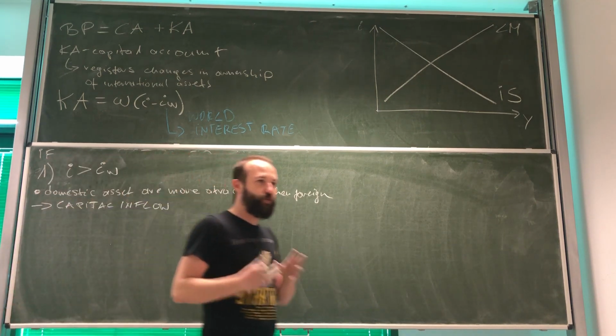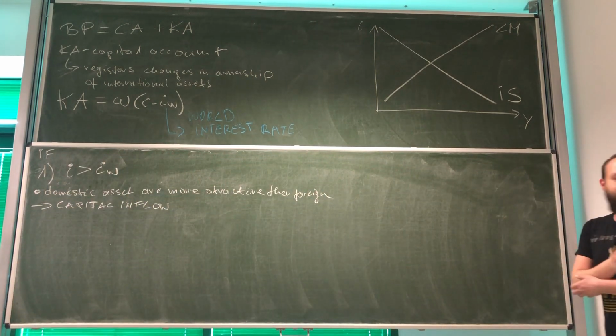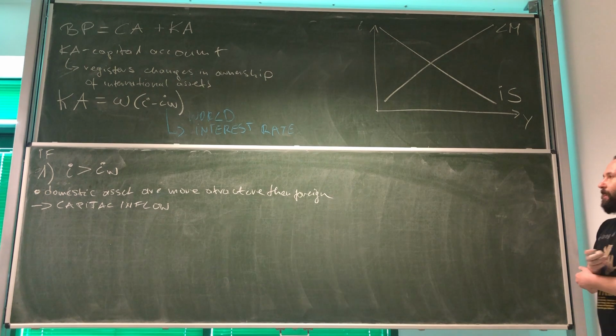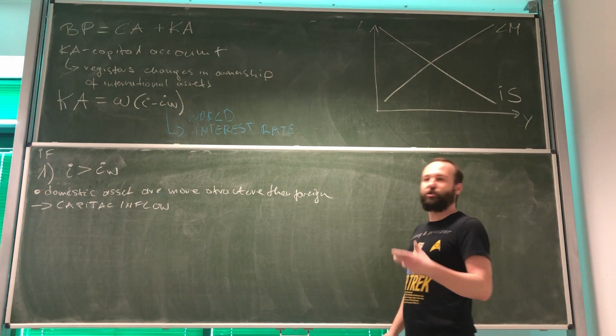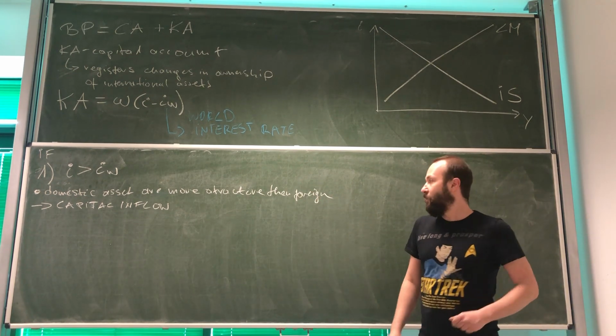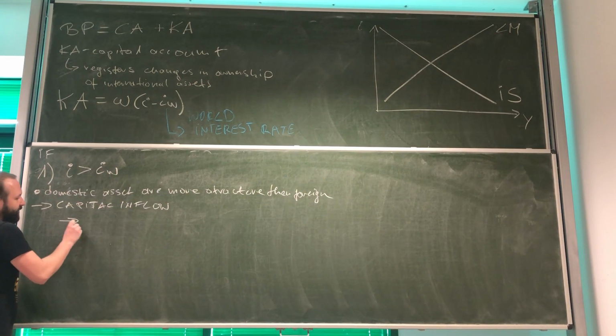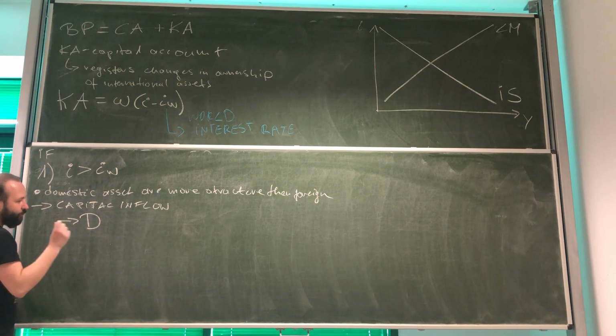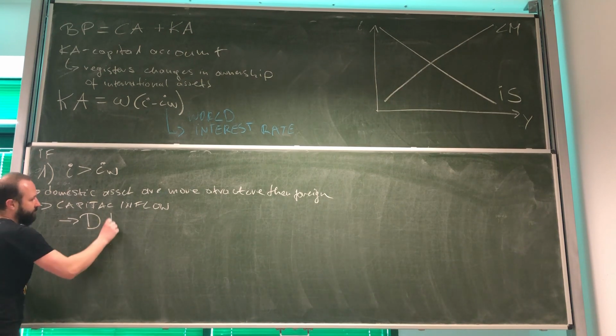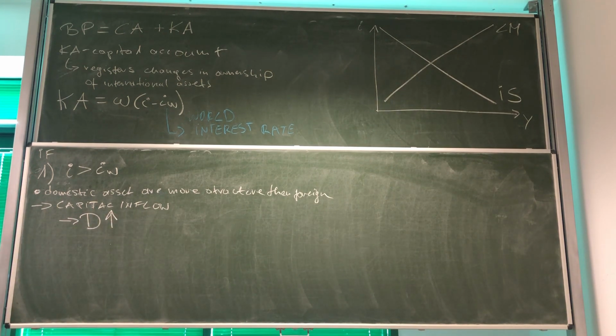Foreigners should buy our bonds, and we don't want to buy foreign bonds. What does this imply? It means demand for our currency goes up, right?